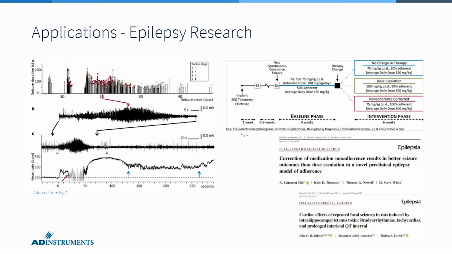The other figure on this slide relates to this paper from researchers at the University of Utah in the US. And again, they were using the single biopotential telemeter to record EEG activity and monitor seizure activity in rats. But they were able to record for even longer, so they had something like 18 weeks of recording from their telemeters.